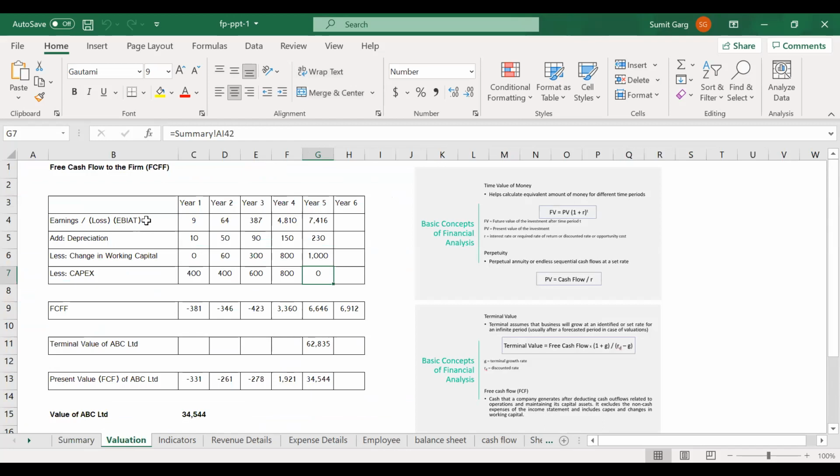So this is how we are going to come up with the value for a specific startup. As you would remember, I covered a few concepts: time value of money, terminal value. Essentially, what we are doing here is first calculating the free cash flow for the firm.